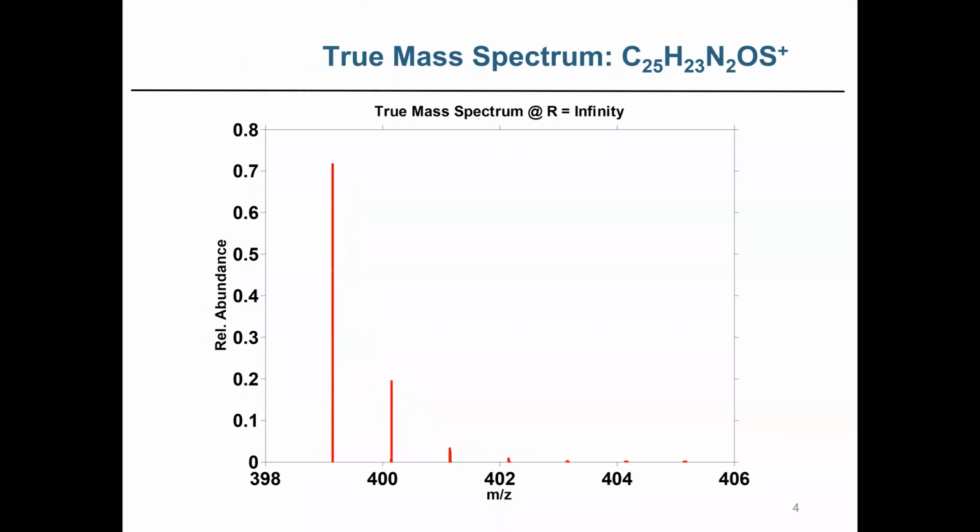Now, this looks like centroid data, but actually this is a theoretically calculated mass spec. And mass spec is unique. We can calculate, based on first principles, exactly what a mass spectrum should look like for any given formula. And this is a theoretical mass spectrum at infinite resolution, so the instrument has infinite resolving power.